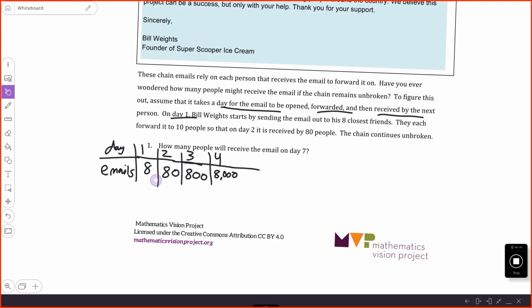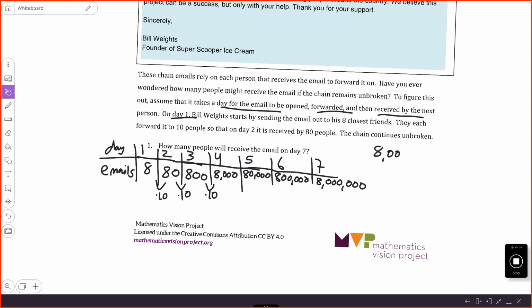All we're doing is multiplying by 10. 5, 80,000. 6, 800,000. So 7 would be 8 million. So the answer would be 8 million emails.